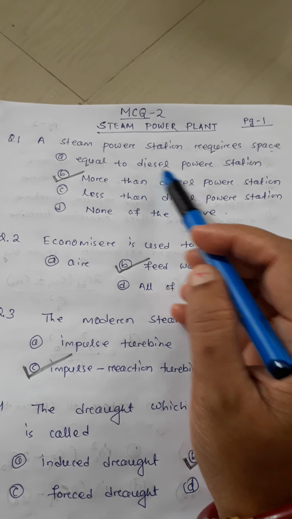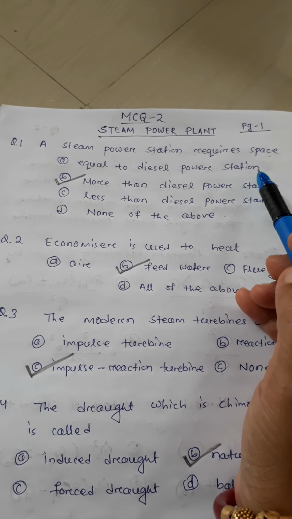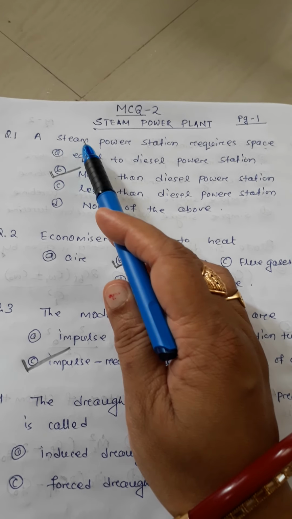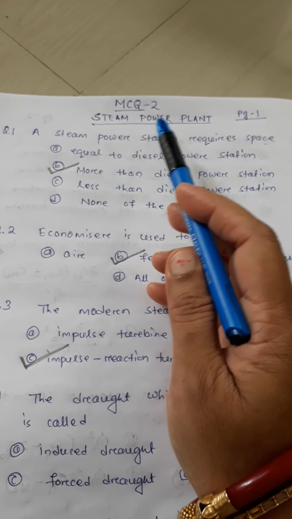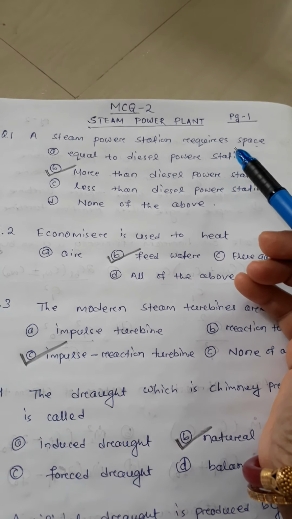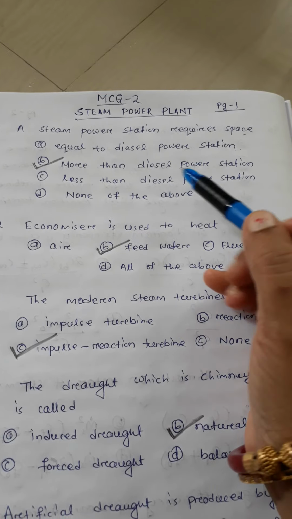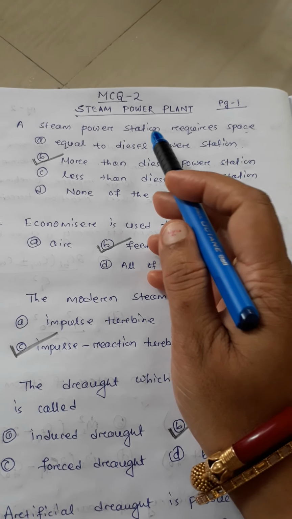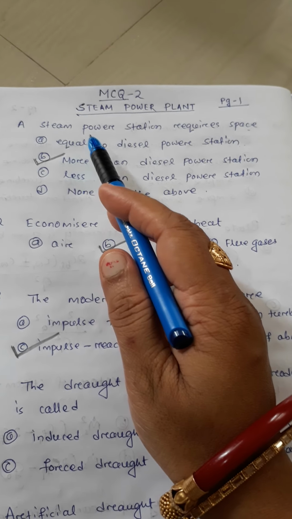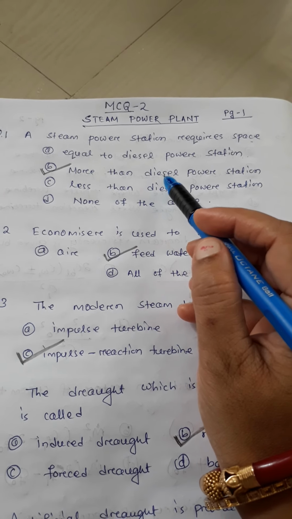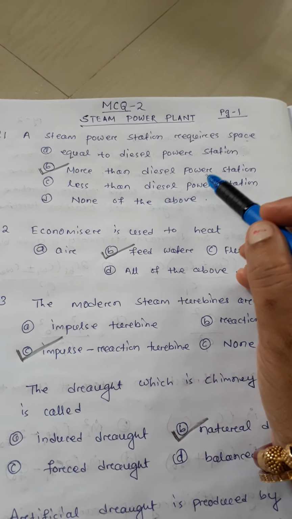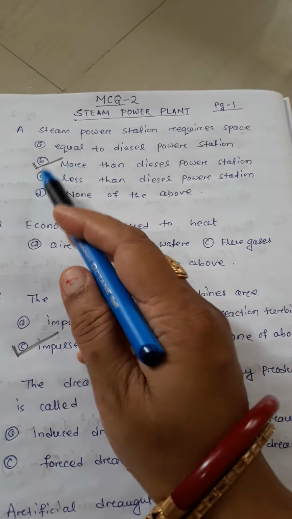As we know, diesel power station requires very less space as compared to steam, nuclear and hydel power stations. All other power stations require more space as compared to diesel power station. So the answer is B, the steam power station requires more space than the diesel power station.